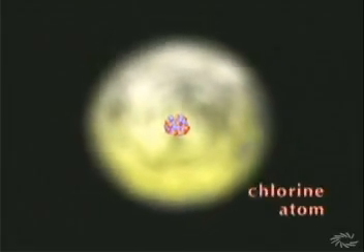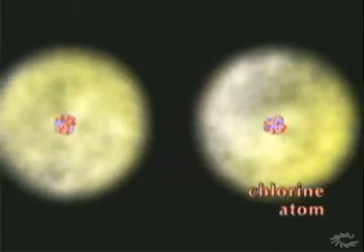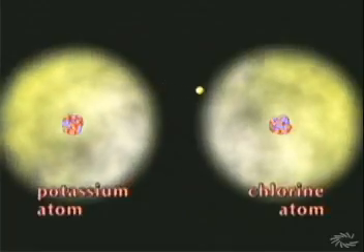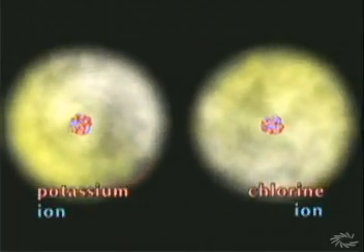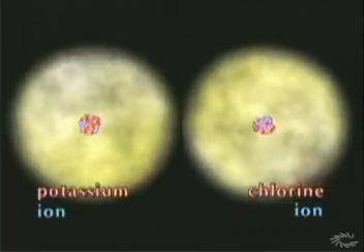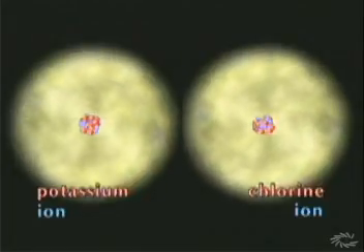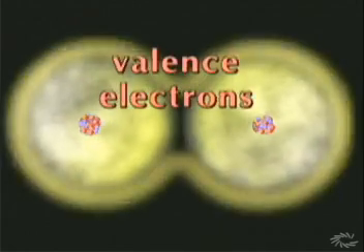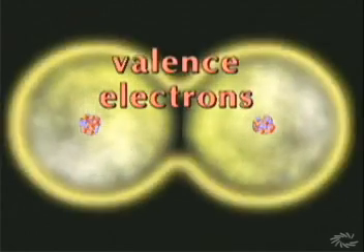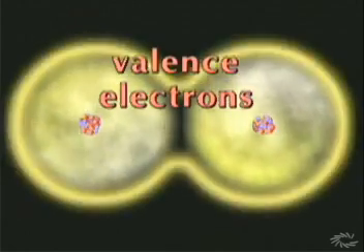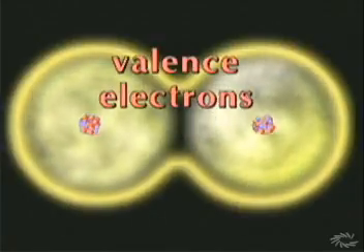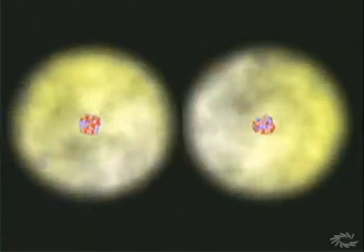When atoms react with other atoms, the electrons often interact so that 2 or more atoms become molecules, or they lose or gain 1 or more electrons. In either case, it is only the outermost electrons of the atoms, called the valence electrons, that are involved in bonding, and they are responsible for the chemical properties of the element.